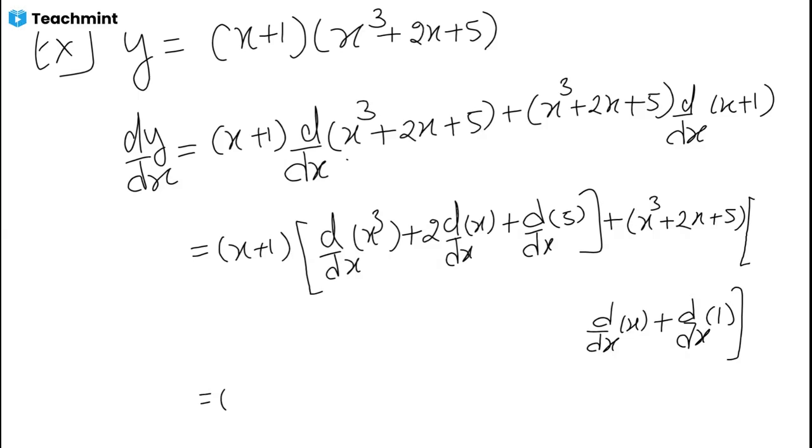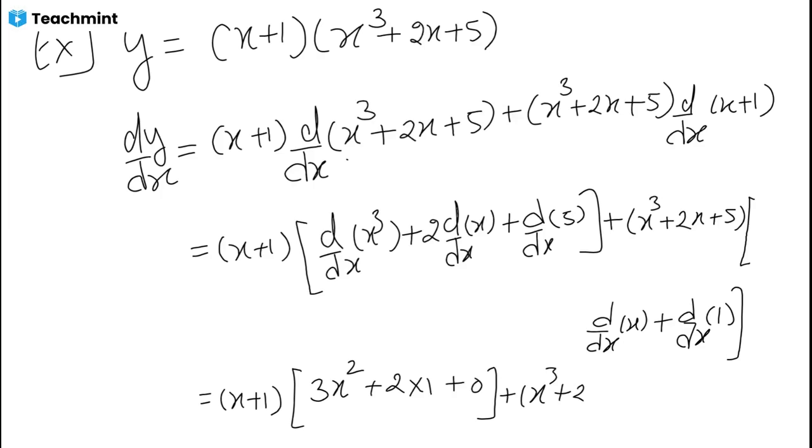So write down x plus 1, and the derivative of x cube is 3x square, obviously, into the derivative of 2x, which becomes 2 only, and the derivative of 5 is 0, because 5 is a constant. Now take x cube plus 2x plus 5 and the derivative of x, which is 1, and the derivative of 1 is 0.